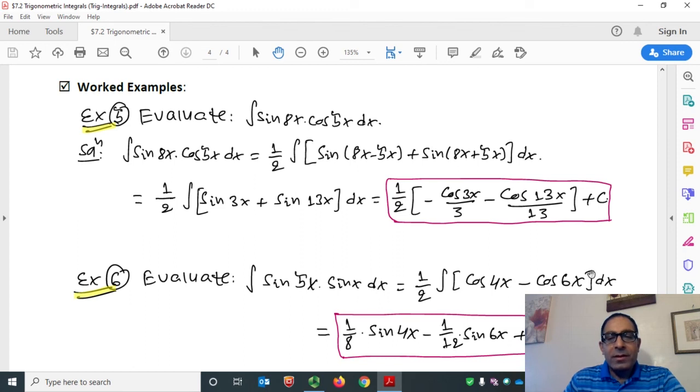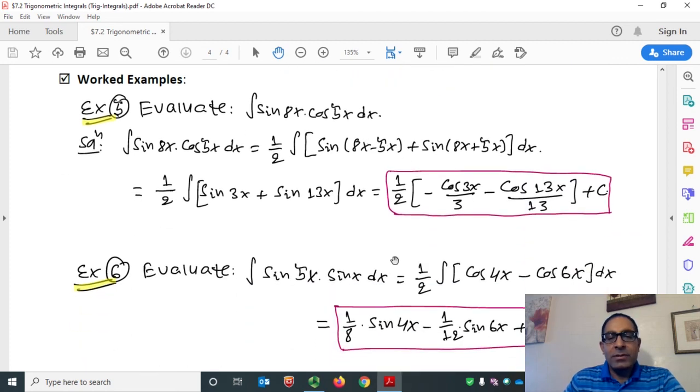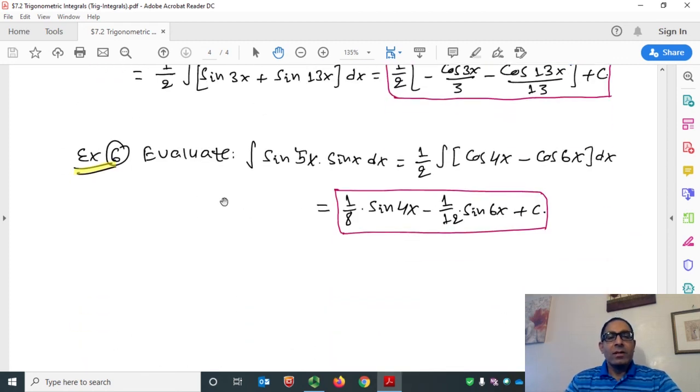Similarly, let's use another formula for sine mx sine nx. For example 6, I'm using both sine, sine. So keep in mind, if you have sine sine on my left side, on my right side I have both cosine cosine. Okay, great. So for example 6, evaluate the integral of sine 5x times sine x dx.